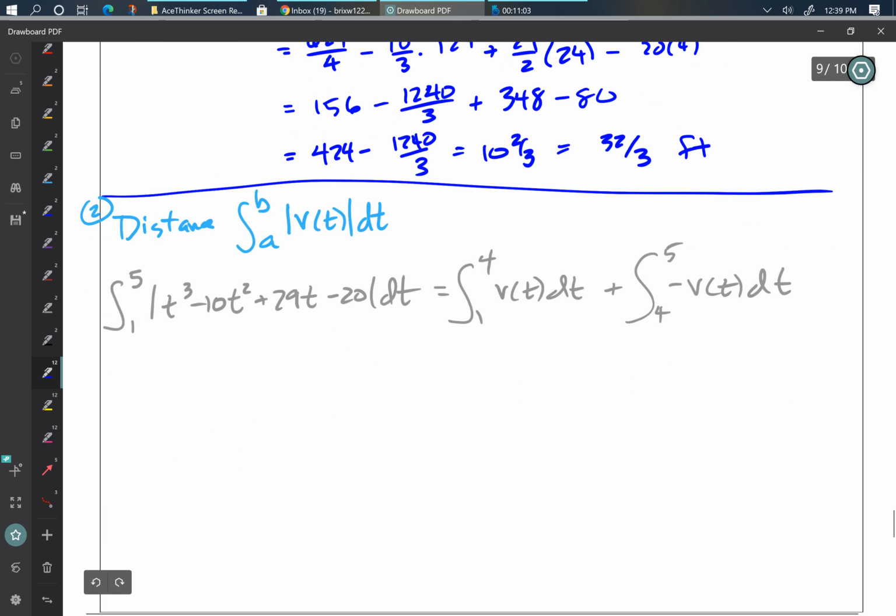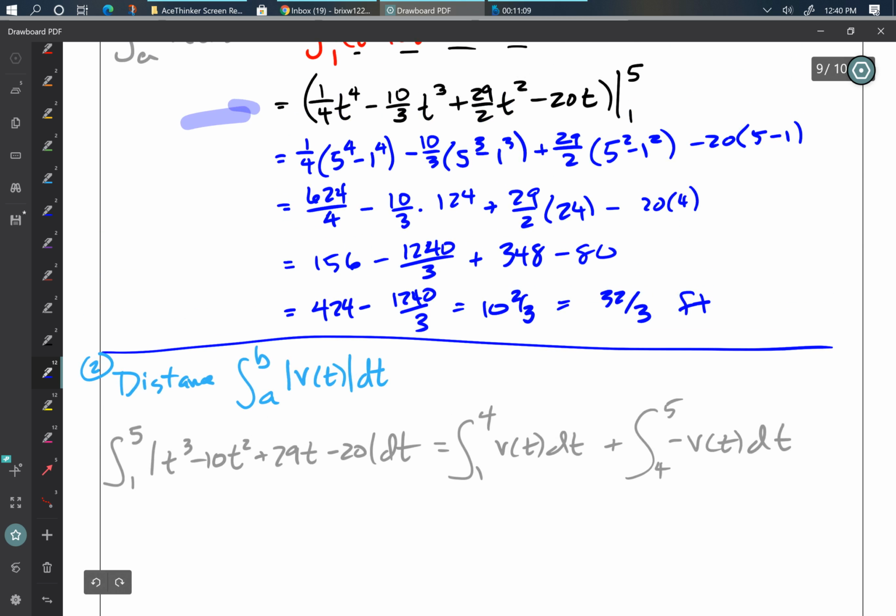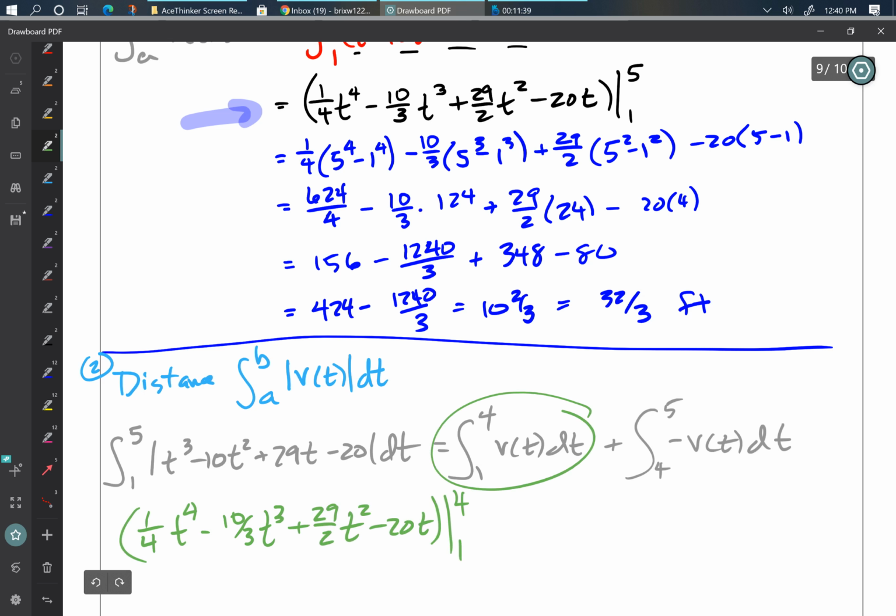Let's see. I've already done the antiderivative. It's sitting right there, so I'm just going to reuse it. It's going to give me 1/4 t to the 4th minus 10/3 t cubed plus 29/2 t squared minus 20t, evaluated from 1 to 4, so that was this one.